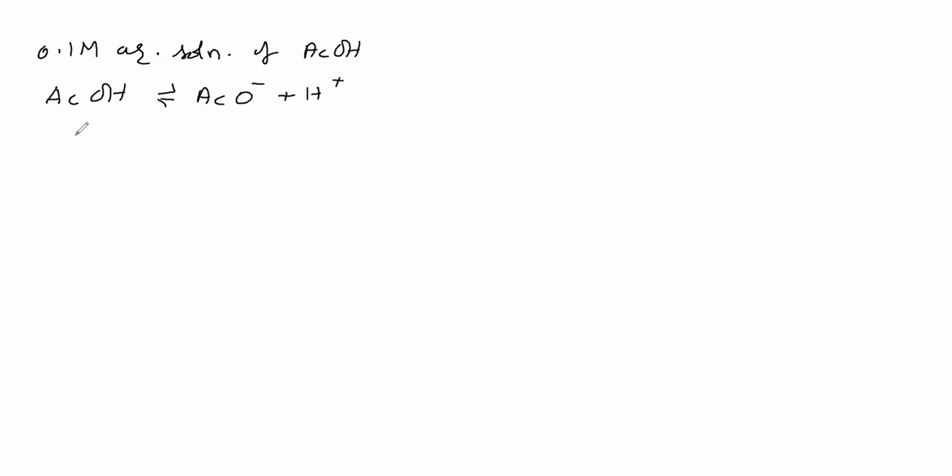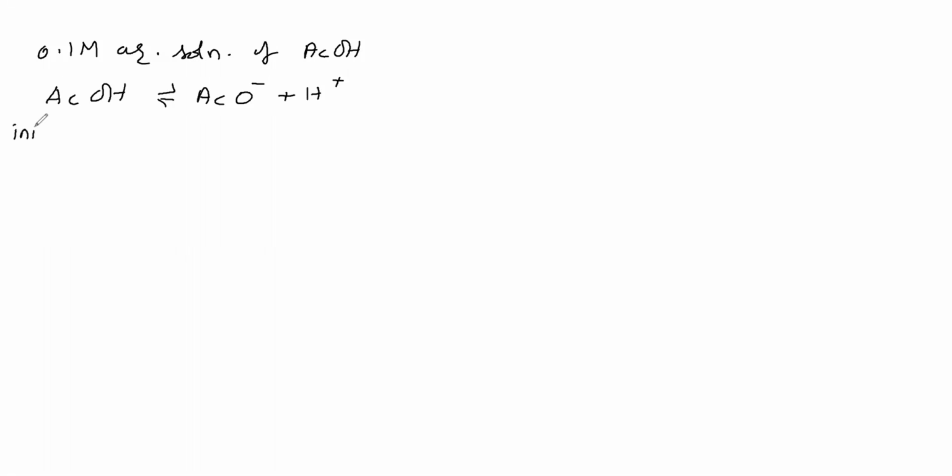Now, to understand that, first we will take a 0.1 molar aqueous solution of acetic acid. Now, this acetic acid we can write as ACOH. This dissociates to give acetate ion and H plus ions.